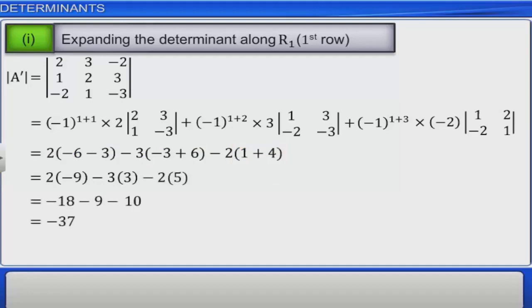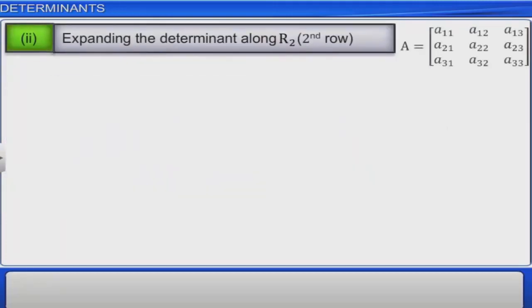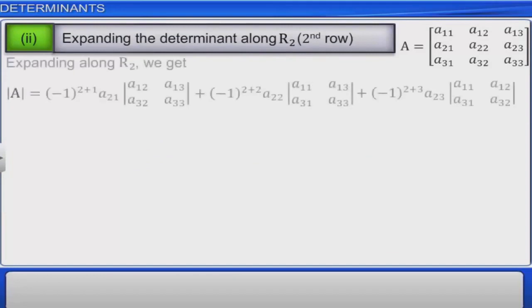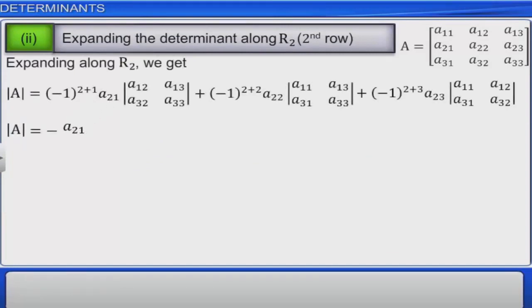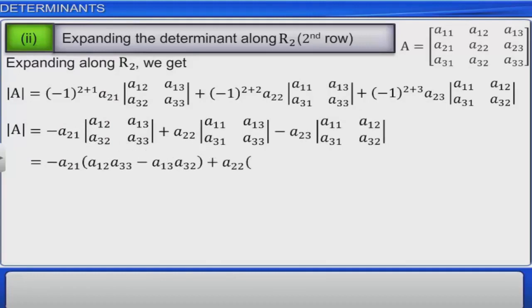Similarly, the determinant can be expanded along the second row by the same method. This is the required determinant of A.